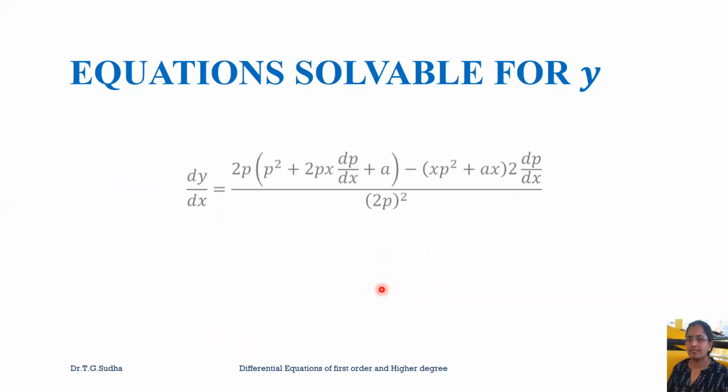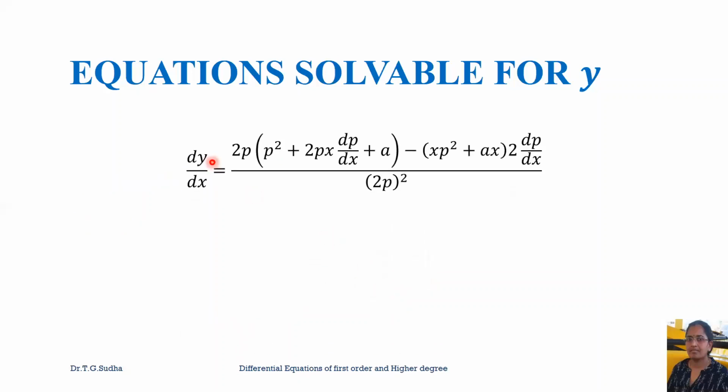So after differentiating, we get dy by dx is equal to 2p, the denominator, into the derivative of the numerator, that is p square plus 2px into dp by dx plus a, minus the numerator, that is xp square plus ax, into the derivative of the denominator, that is 2 into dp by dx, whole thing divided by the denominator square, that is 2p whole square.